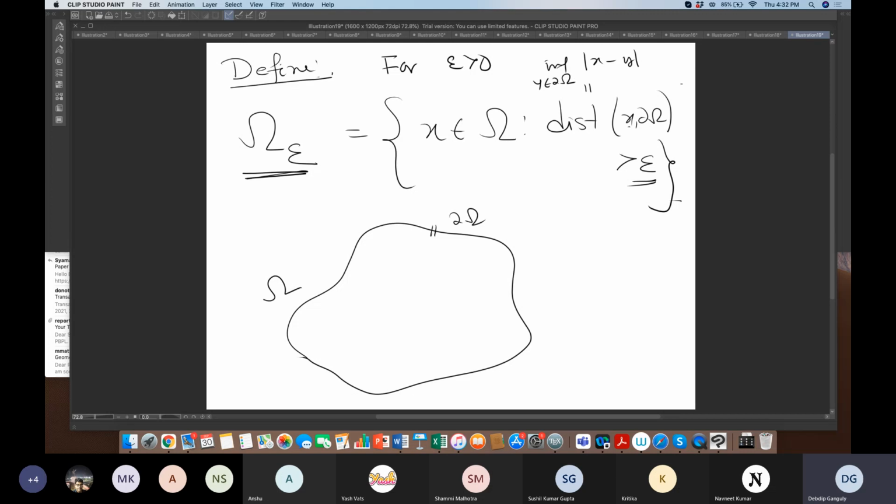Since x is itself in del omega, the infimum is 0. That means the distance is 0. This says that the distance from x to del omega is always positive, always greater than epsilon. That means this is your set, at distance at least epsilon from the boundary of omega.